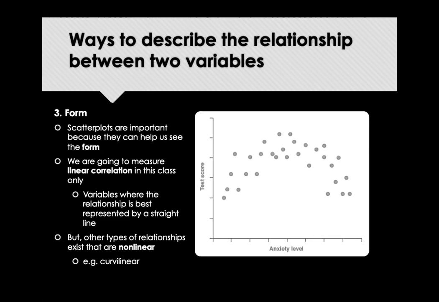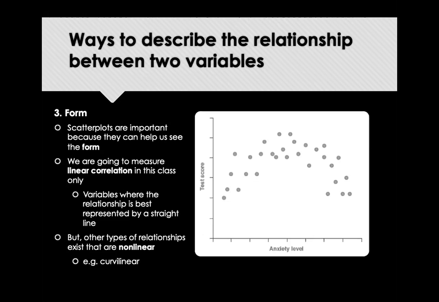If you get a value that tells you there's no correlation or a very weak correlation, that's because the correlation that we're going to talk about measures linear relationships only.